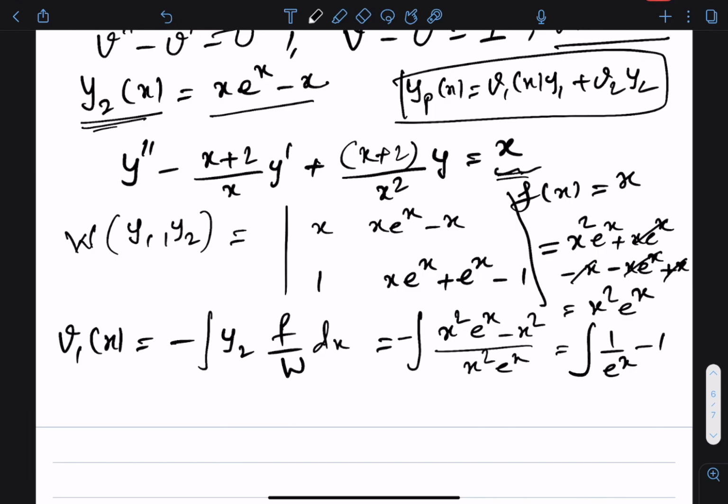So if you integrate that, what you're going to get is minus x minus e power minus x.